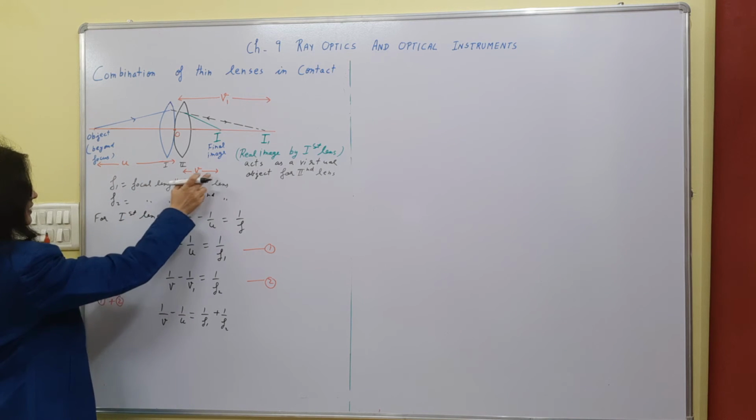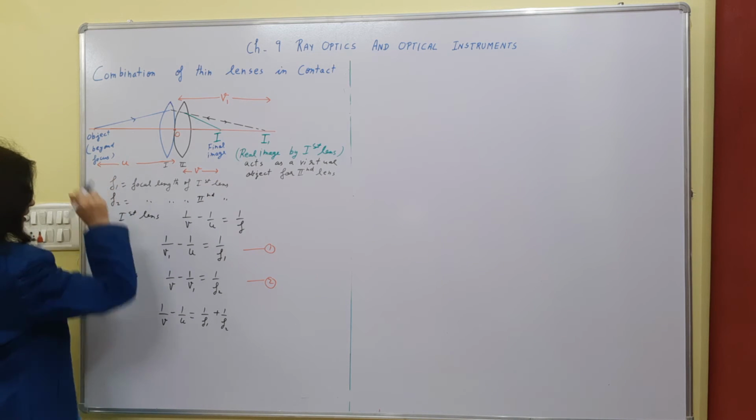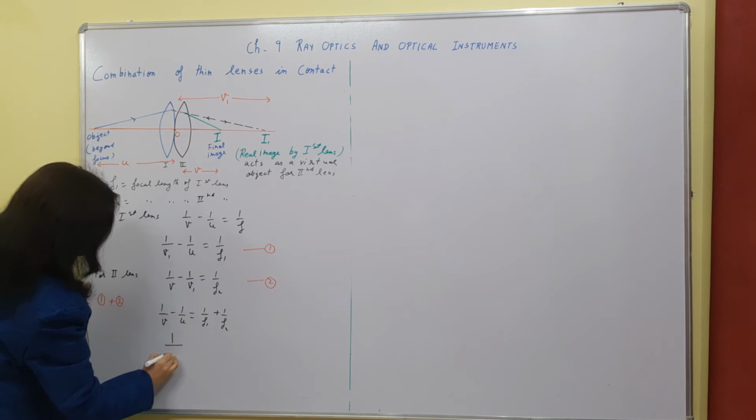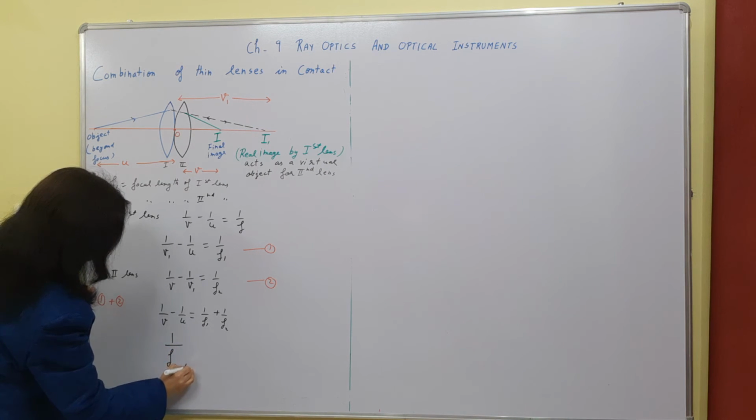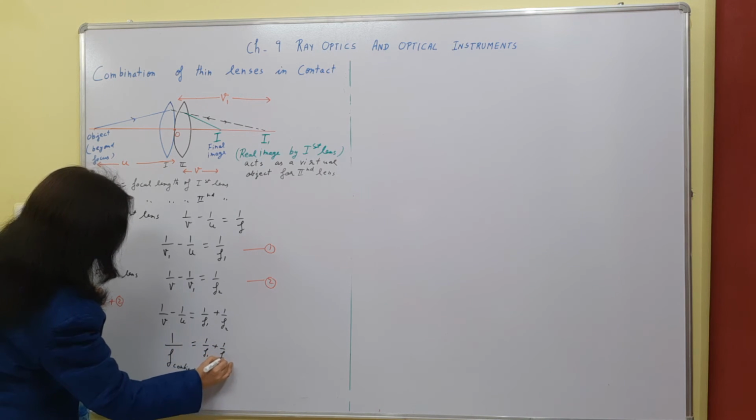For the combination, the final image is here and the object is here. So I can write that this is the focal length of the combination, or simply F, right? So 1 by F is equal to 1 by f1 plus 1 by f2.